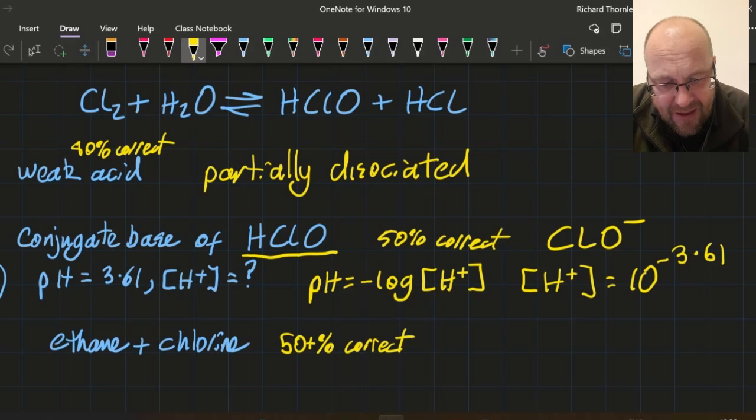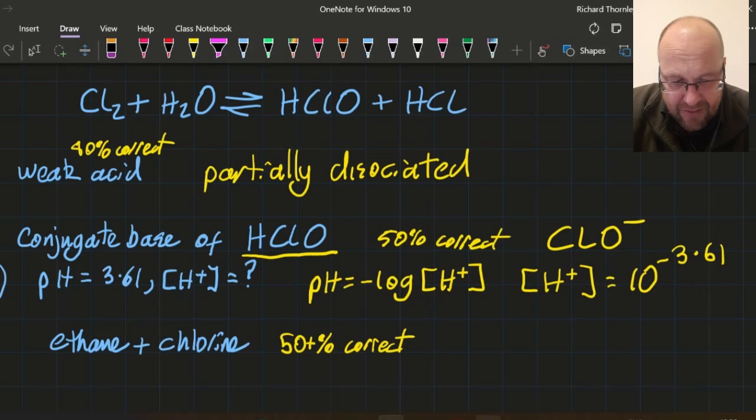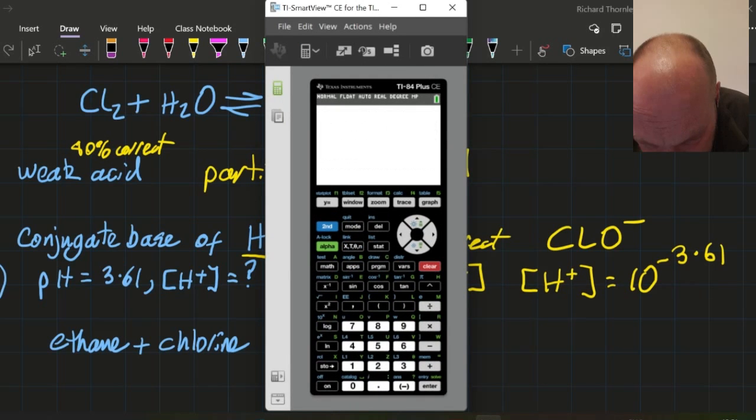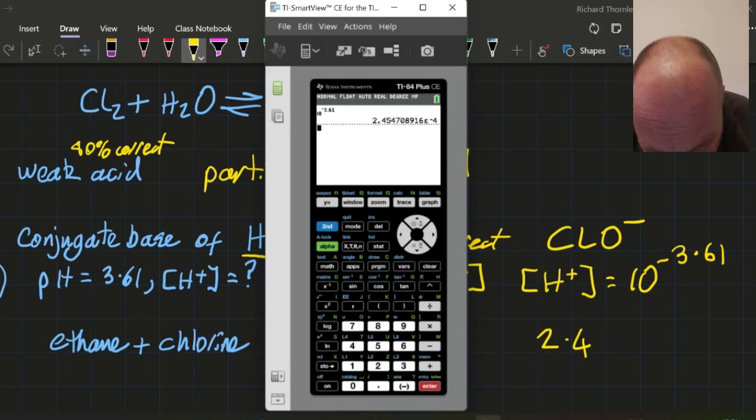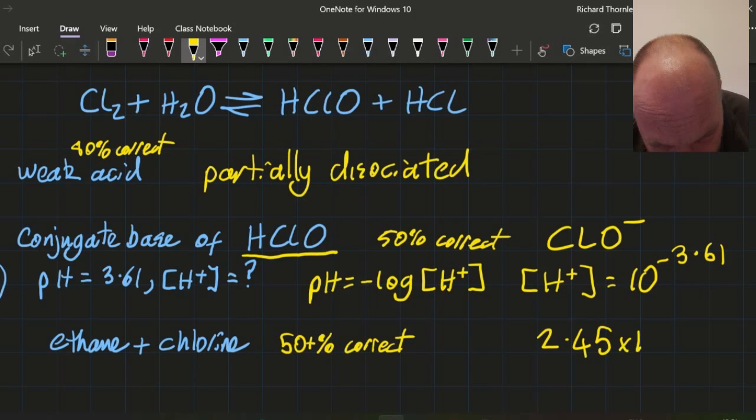Can you just leave it like that? Nope. They don't give you a point for that. Let's try it on the calculator. All right, so that's going to be 2.45 times 10 to the negative 4, and that's concentration.